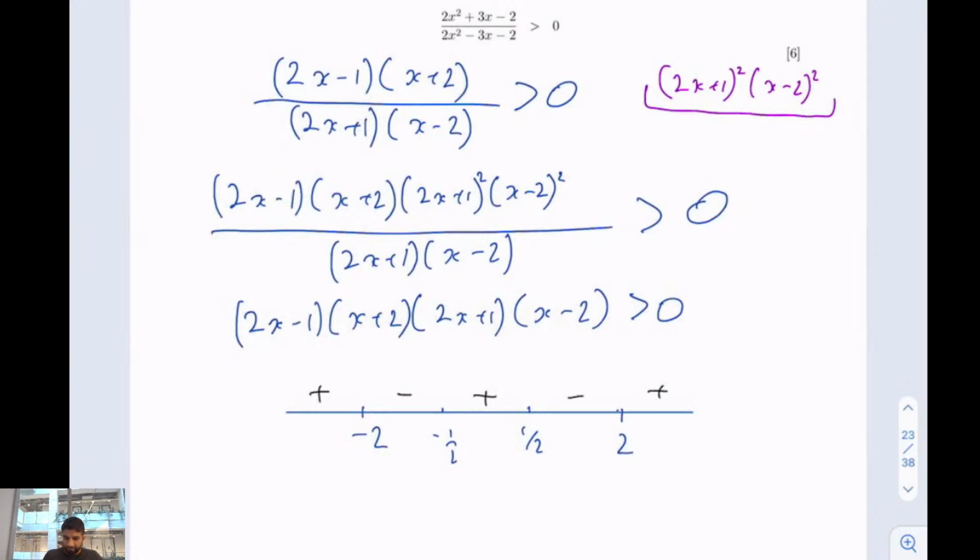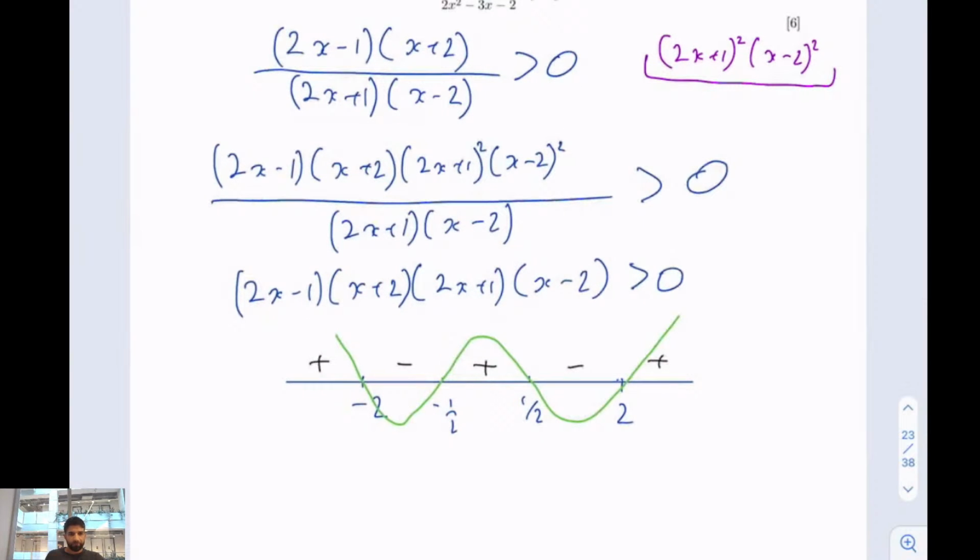The idea is that this is your graph. So if you are to plot this, it will be something like this. And you are looking for the positive region. So the x values that give you a positive y value.